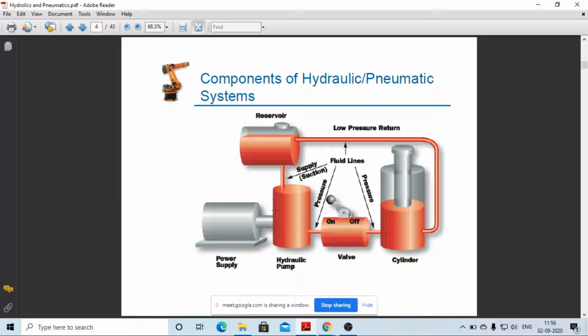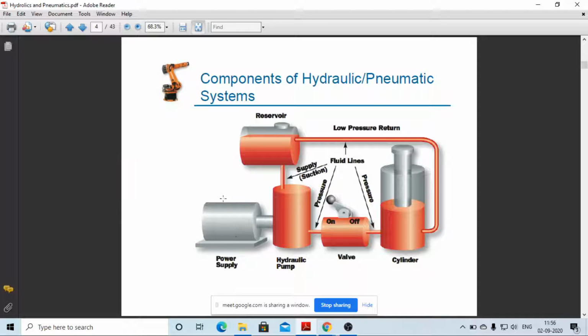Here there is a hydraulic pump, and the hydraulic pump is going to be operated by some mechanical or electrical mechanism, because this power supply is nothing but a motor. The motor may be an electrical motor, it may be an engine type of system, it may be a diesel motor, it may be any engine.